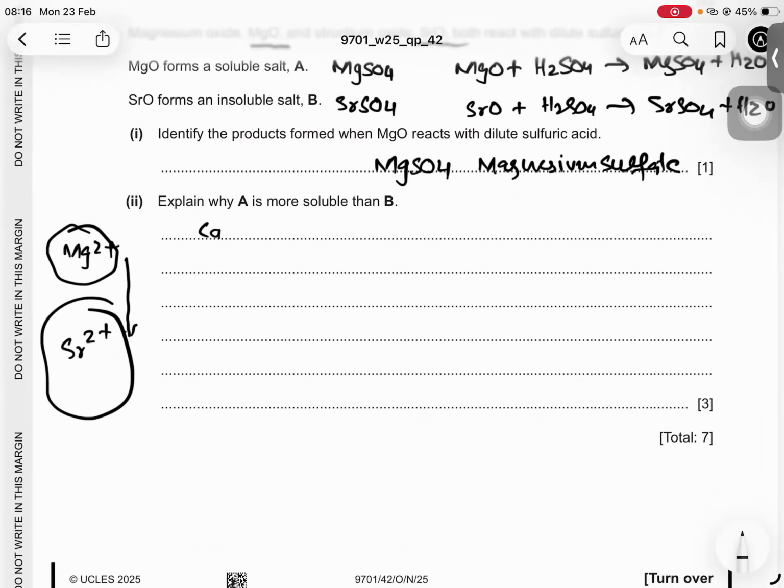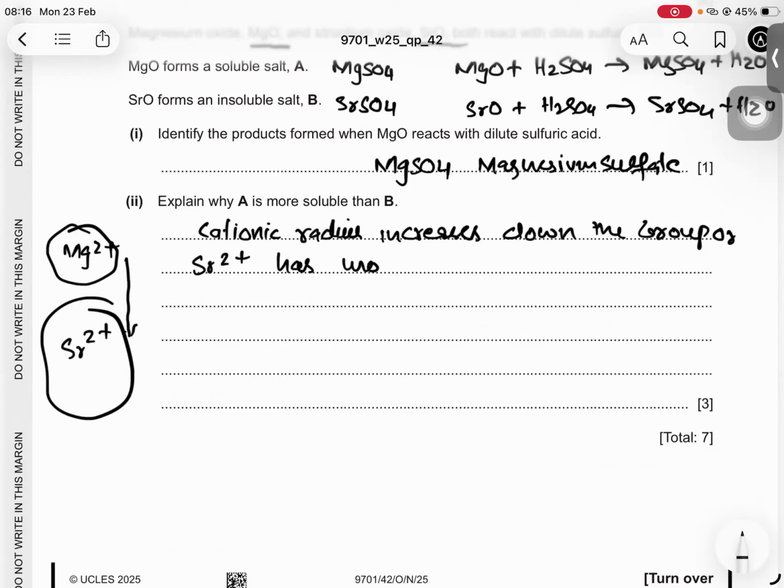So the cationic radius increases down the group, or you can also write it in alternate words: the strontium ion has a larger cationic radius than magnesium.